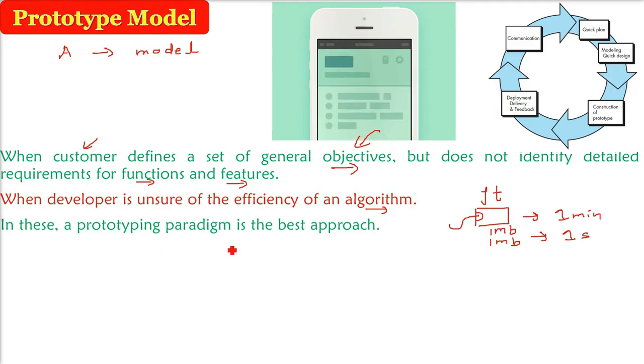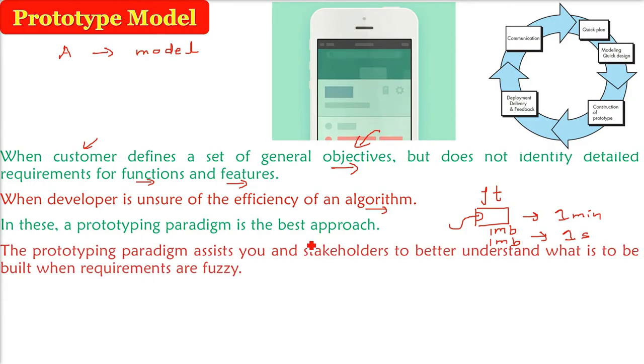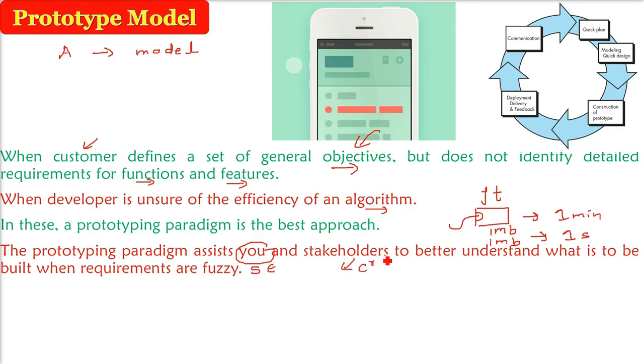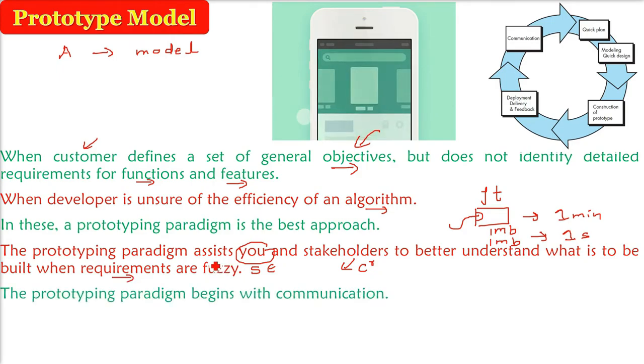In this kind of scenario, the prototyping paradigm, the prototype SDLC model, is the best approach. It will help you as a software engineer and the stakeholders like your customers. You can both understand the issue, the problem, the solution and the requirements. So the prototype is used when the requirements are not clear, they are fuzzy.